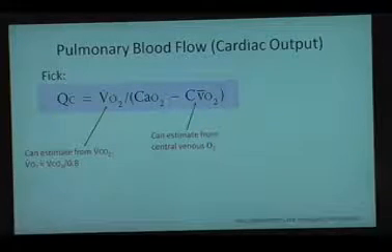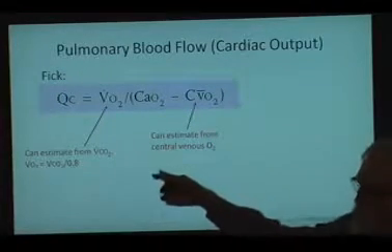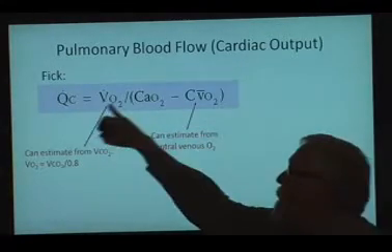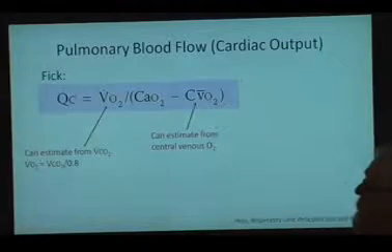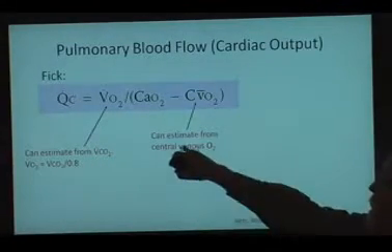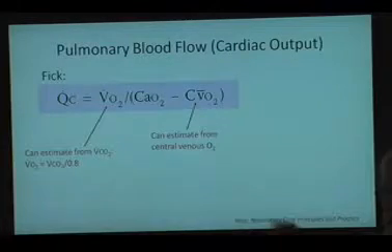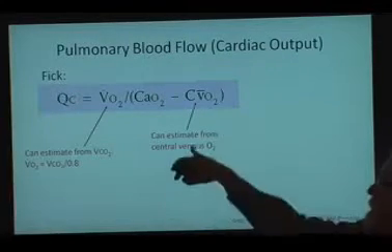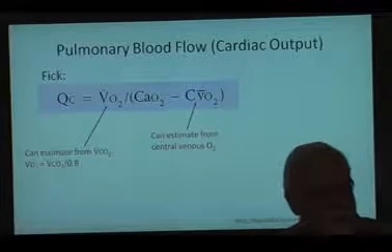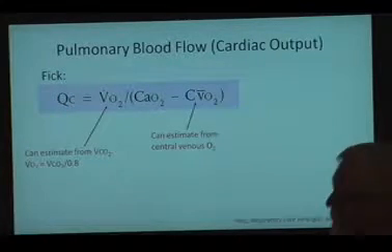So it is possible at the bedside to calculate cardiac output from the Fick equation by using a NICO to get CO2 production, drawing a mixed venous blood gas, and calculating oxygen content from the hemoglobin and mixed venous oxygen saturation, PO2 and so forth.